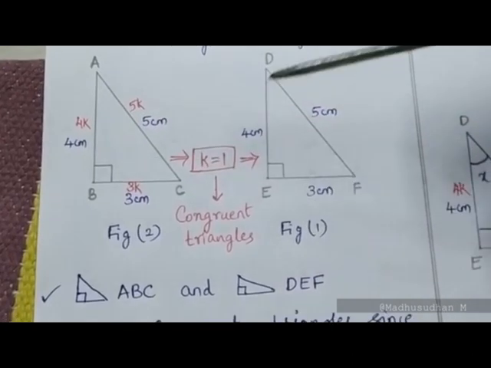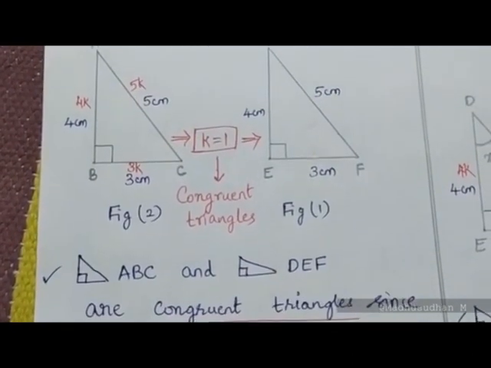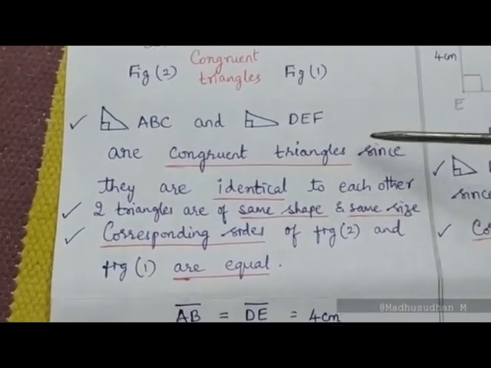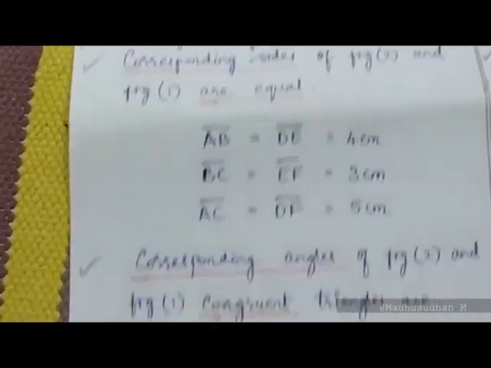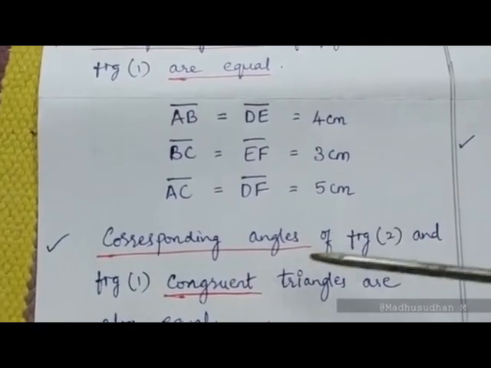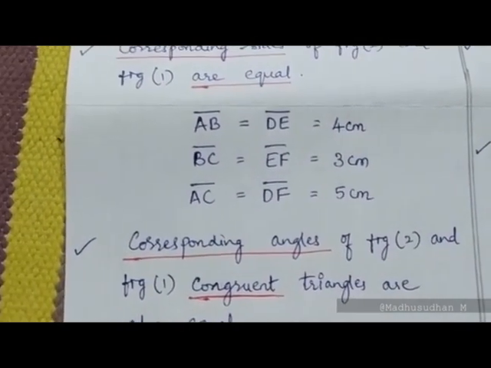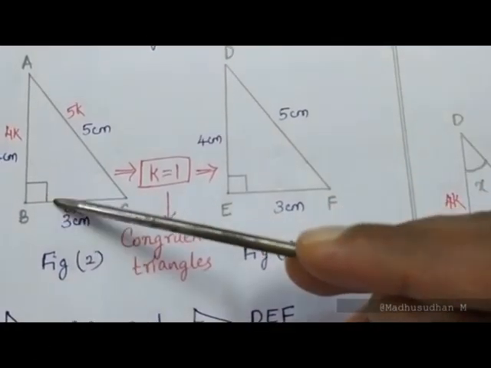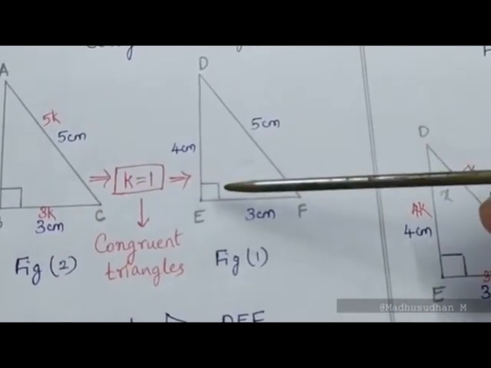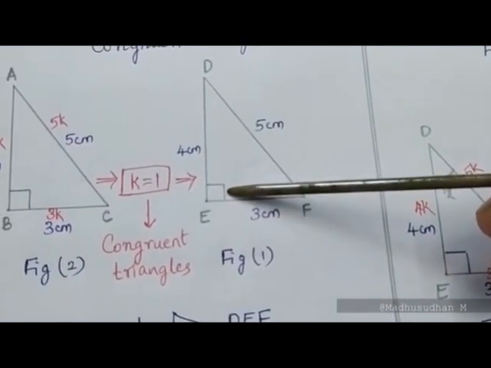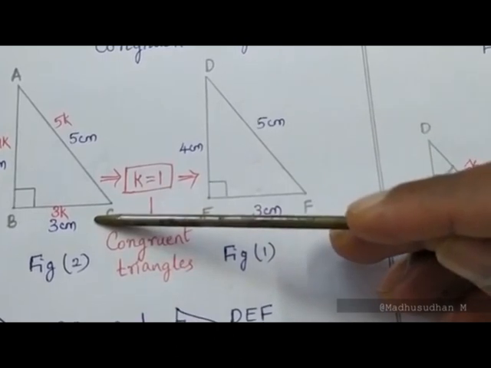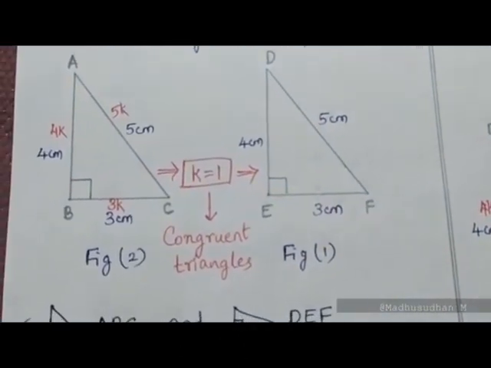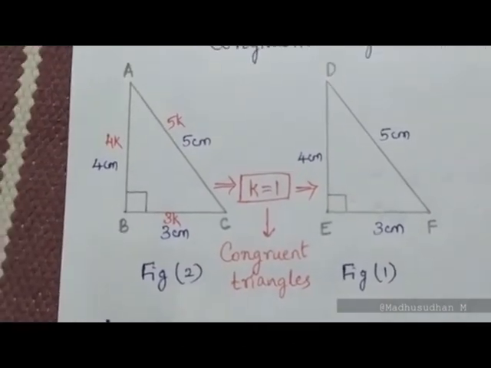Follow, children? That is the meaning of congruent triangles, congruent figures. Moving to the next point, the corresponding angles of figure 2 and figure 3: ABC is exactly equal to 90, and angle DEF is exactly equal to 90. When they overlap each other, the corresponding angles also exactly coincide. This is the case of congruent figures.